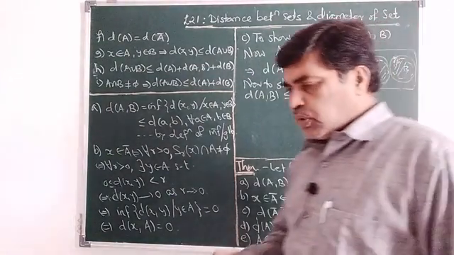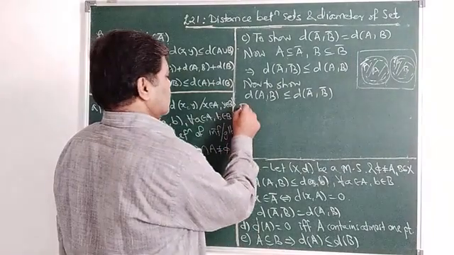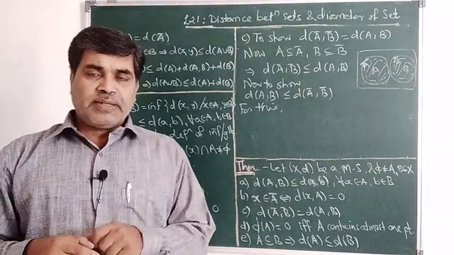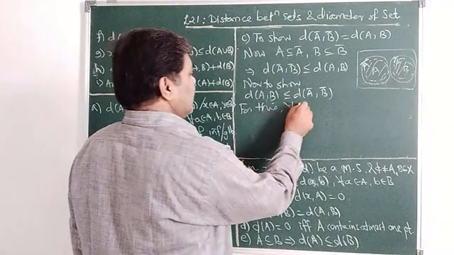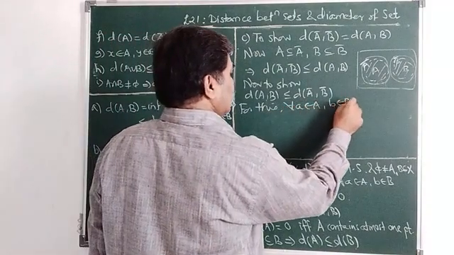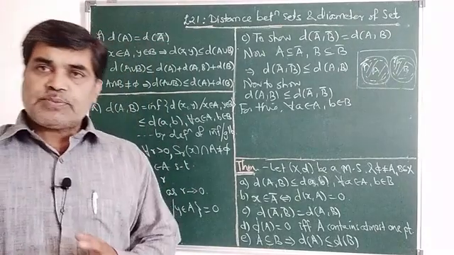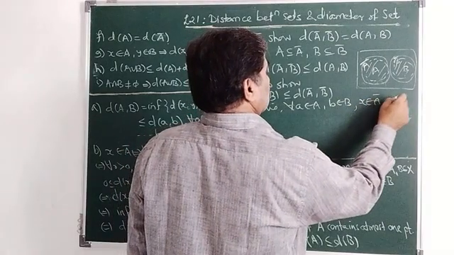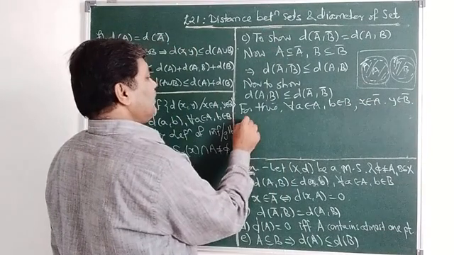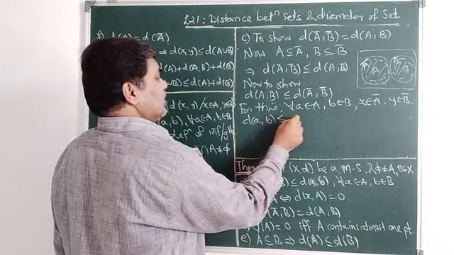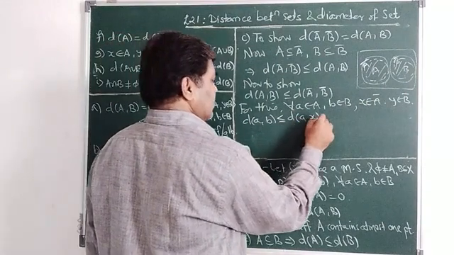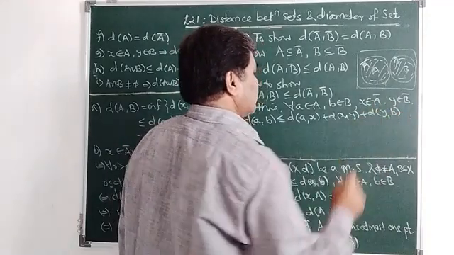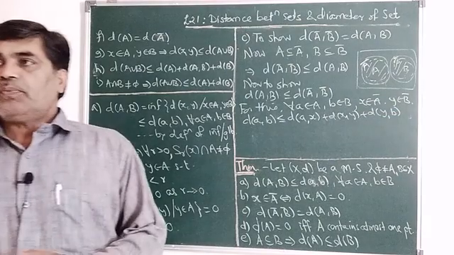For this, we'll take arbitrary 2 points from A and B. For any a belonging to A, b belonging to B, x belonging to the closure of A, y belonging to the closure of B, d(a, b) is less than or equal to d(a, x) plus d(x, y) plus d(y, b).